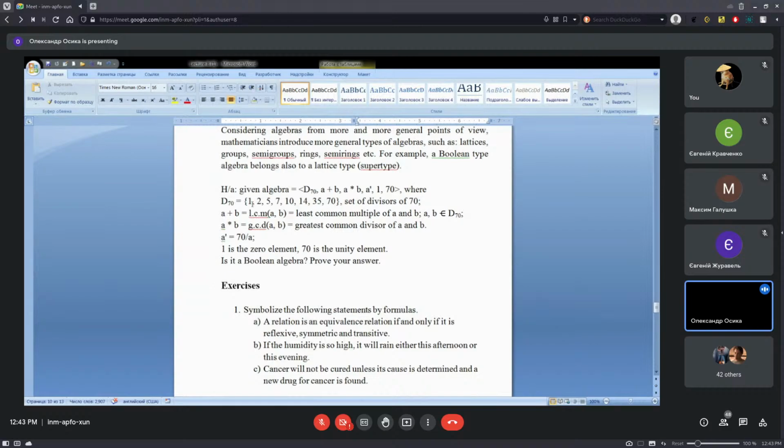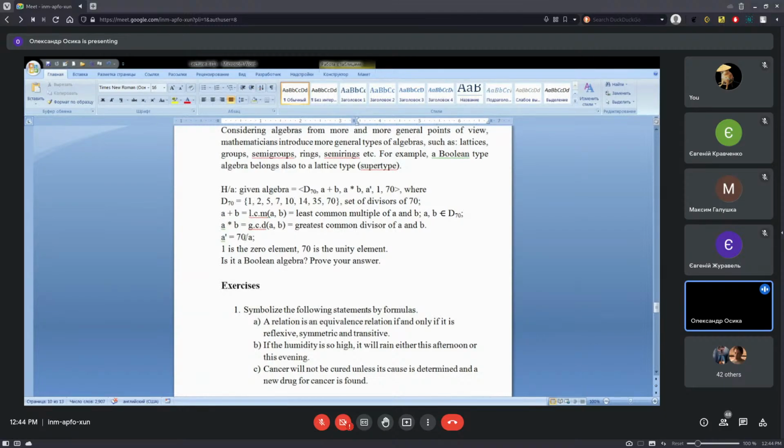And A and B belong only to this set. This is why if I divide 70 by A, the result will also be an integer.